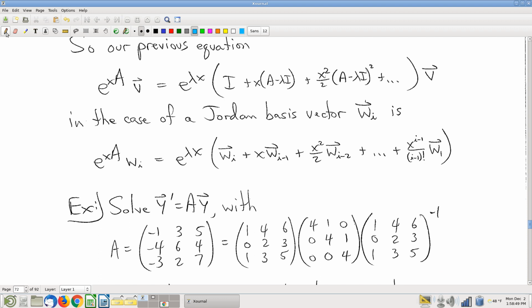Notice that this, being our Jordan matrix, represents the transformation in V language. Therefore, this matrix over here is change of basis V to S. Therefore, this Jordan basis consists of those columns.